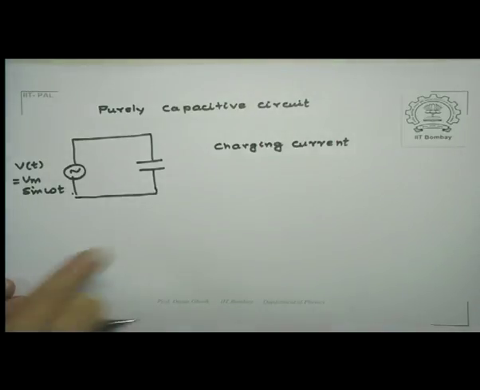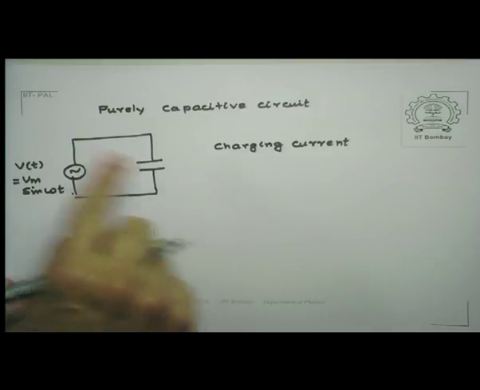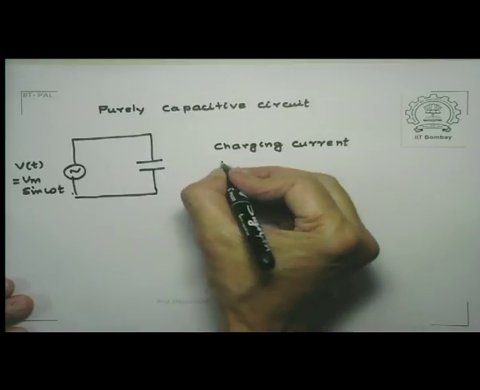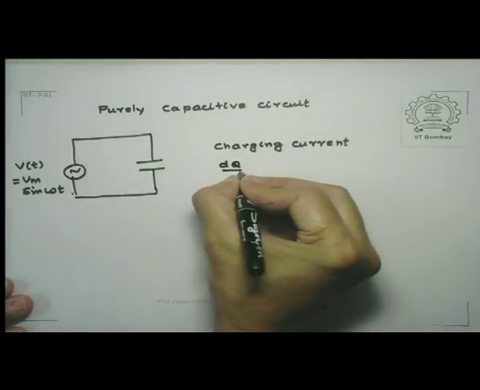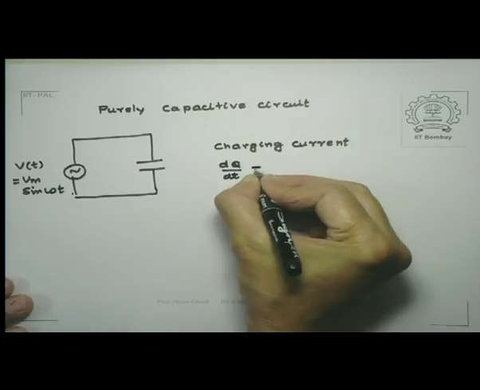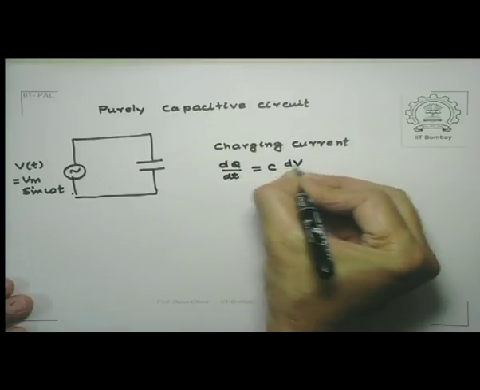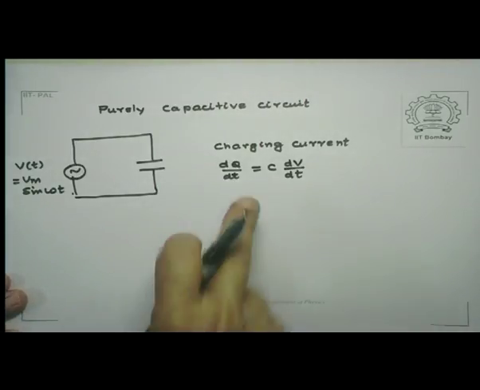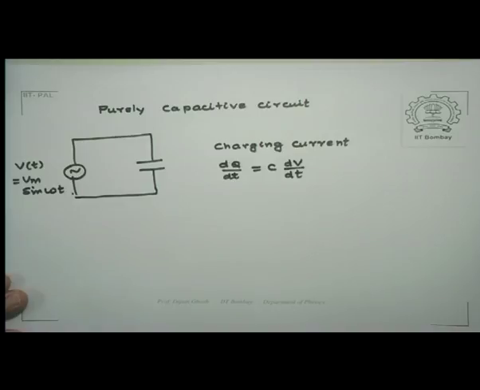And as the voltage keeps on changing direction, and so does the current, I will have alternately charging and discharging. So this is given by dq by dt equal to C dV by dt. This is my charging current, and this is what is going to flow into the capacitor.